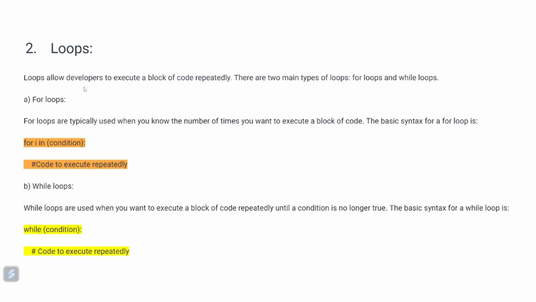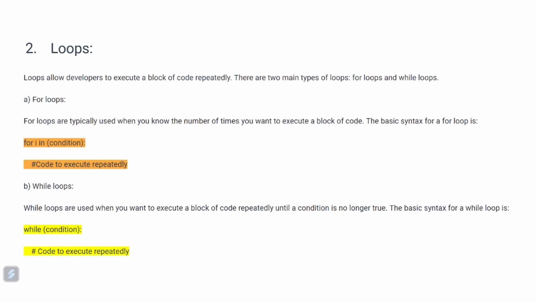And the second is loops. Loops allow developers to execute a block of code repeatedly. There are two main types of loops: for loops and while loops. Number one, for loops. For loops are typically used when you know the number of times you want to execute a block of code. The basic syntax for a for loop is: for i in condition, it means I can put for i in range 1 to 10.